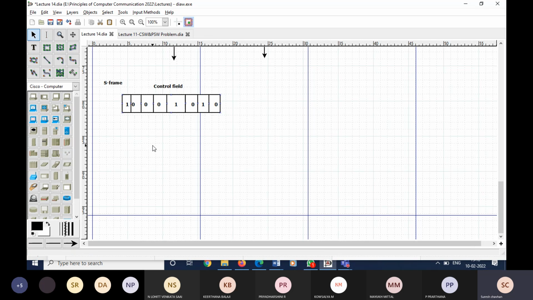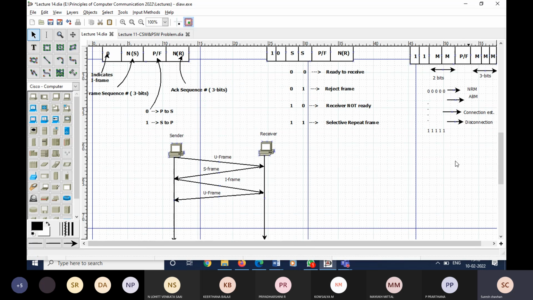So can anybody tell what is happening in this control field? Suppose this field is exchanged during the communication. What exactly is the function going on between the sender and receiver?